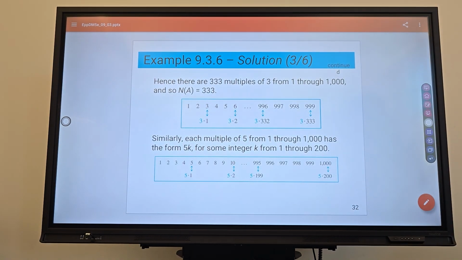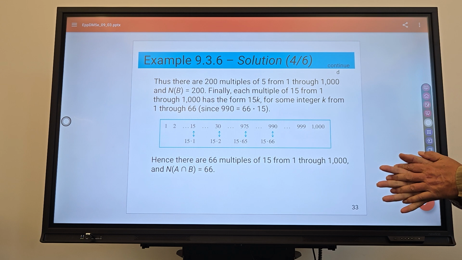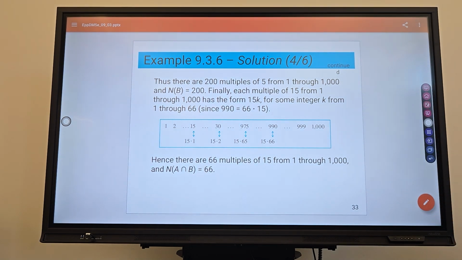Therefore, there are 333 multiples of 3 from 1 through 1,000. Similarly, each multiple of 5 from 1 through 1,000 has the form 5k for some integer k from 1 through 200. Thus, there are 200 multiples of 5 from 1 through 1,000.